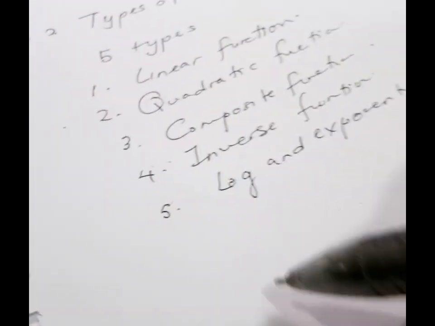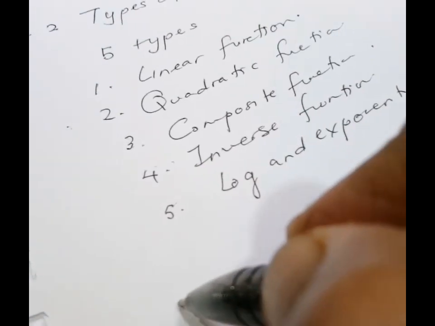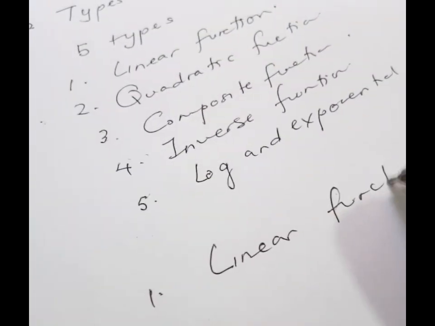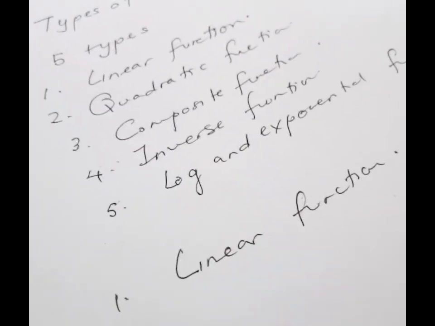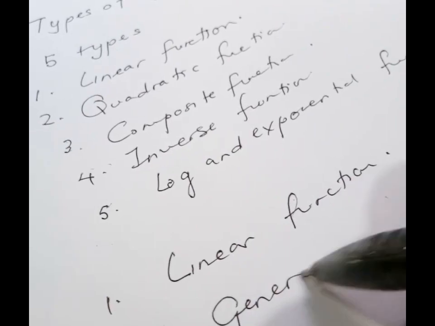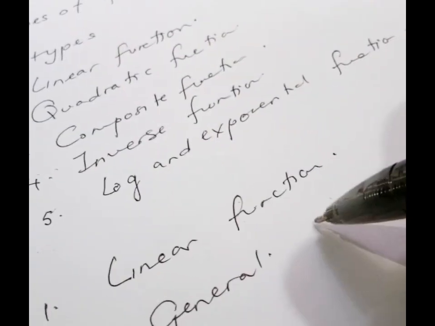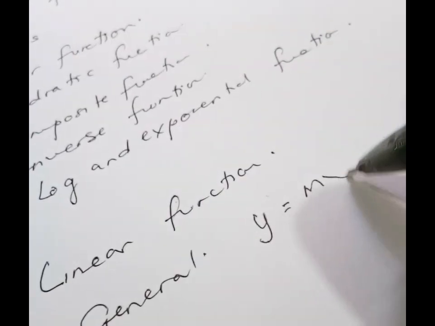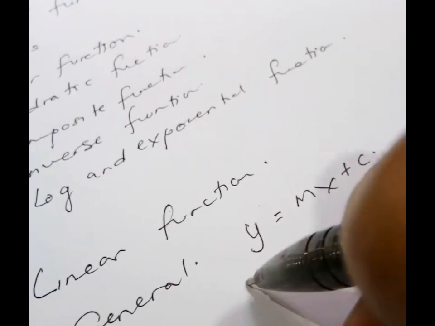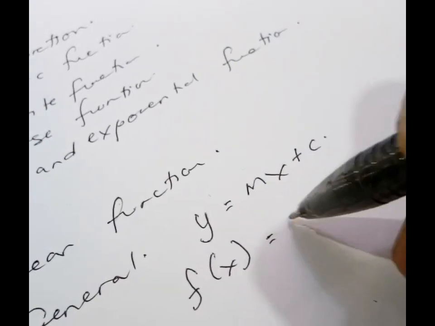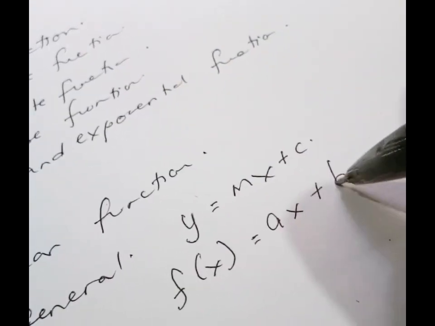Okay, so first we look at linear function. The general form of linear is y equal to mx plus c. Sometimes we use y as f of x, ax plus b.